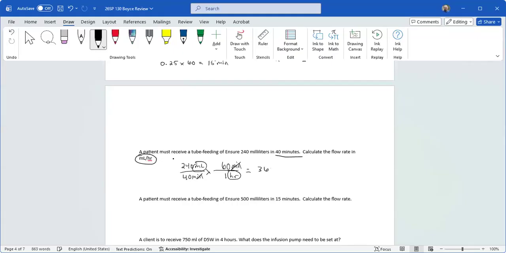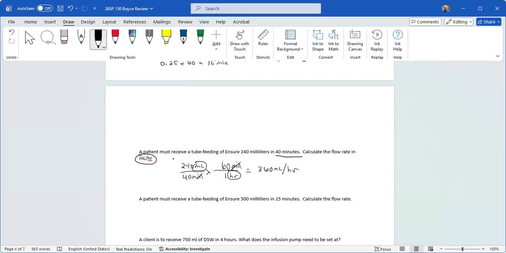Now, this is where a student asked me yesterday, well, what about 360 milliliters per hour, but they are only supposed to be receiving 240 milliliters? Well, that is still correct. After 40 minutes, the 240 milliliters of Ensure that they've been ordered will be gone. That's how you interpret that.